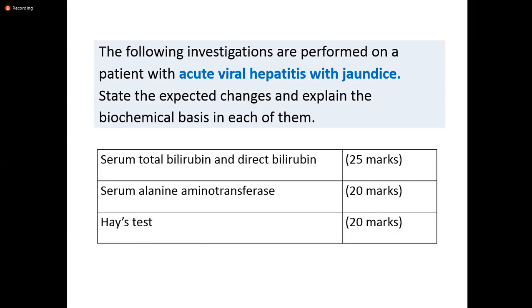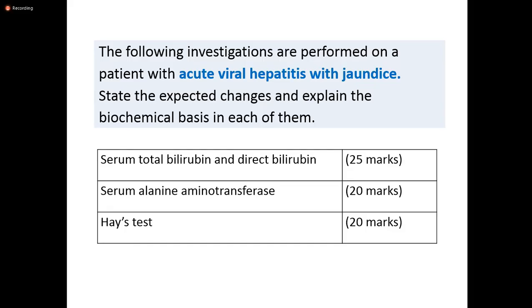With that, what can happen? Basically, when there is inflammation and cellular injury, there is edema in the liver, and that can obstruct the intrahepatic biliary canaliculi. So that can reduce the excretion or release of biliary content into the intestine. That is the main problem in acute viral hepatitis.